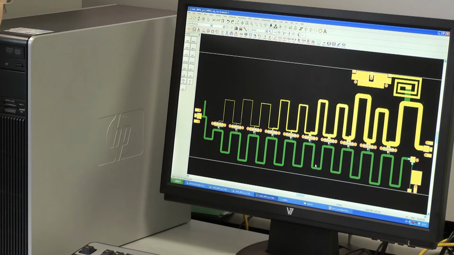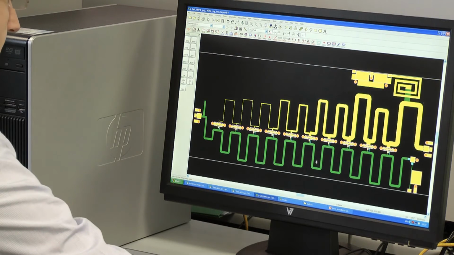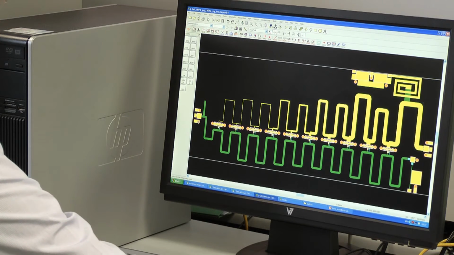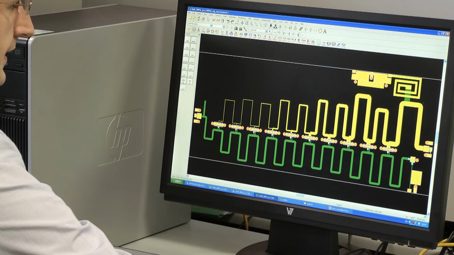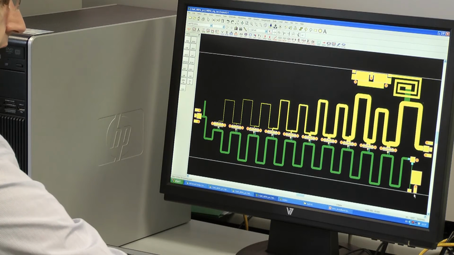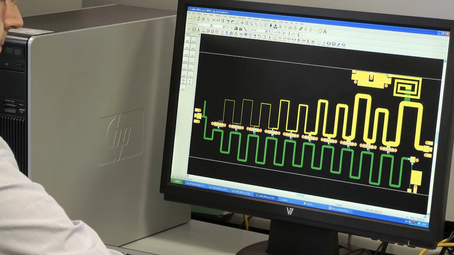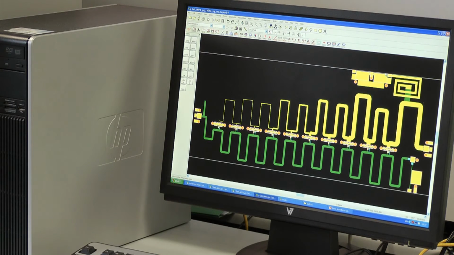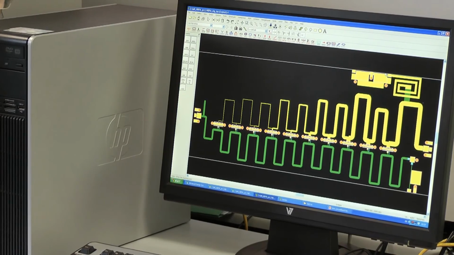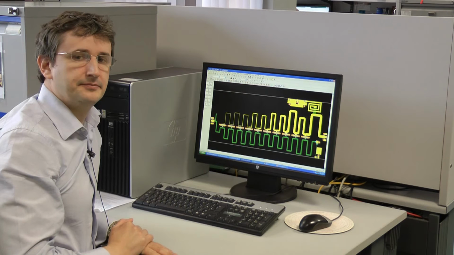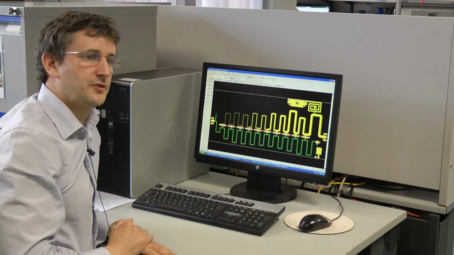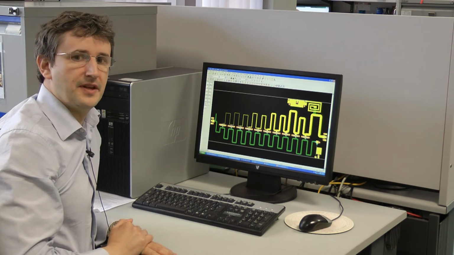I'll now show the layout of our design. The RF input is here. The RF output is here. The gate bias is applied here. And the drain bias is applied here. Now, for a 1mm device on this process, in common source configuration, biased in class AB, running off 30 volts, the optimum load resistance for power is around 100 ohms.